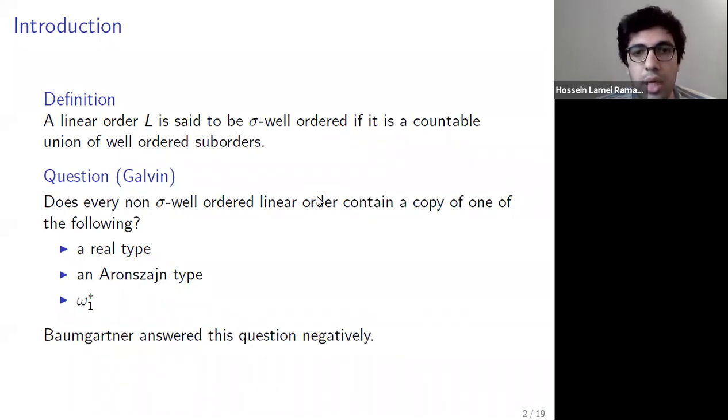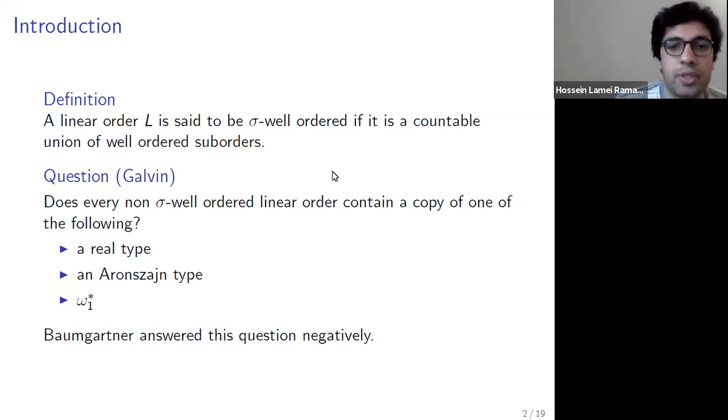Galvin asked, does every non-sigma well-ordered linear order contain a copy of one of the following linear orders: a real type, an Aronszajn type, or omega 1 star? Recall that a real type is just a linear order of size aleph 1 which has a countable dense subset.